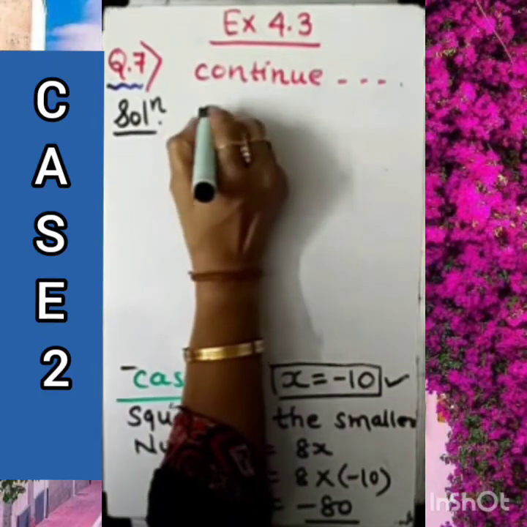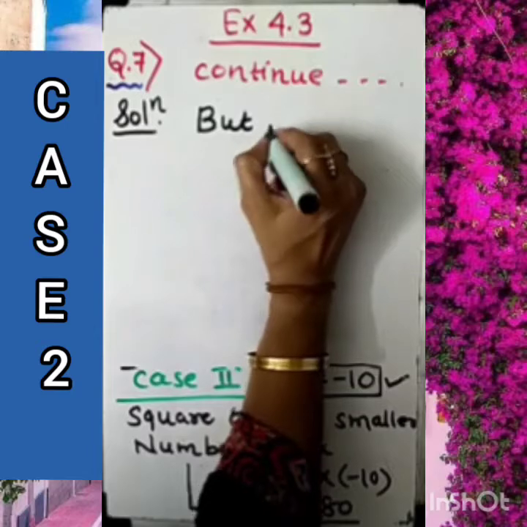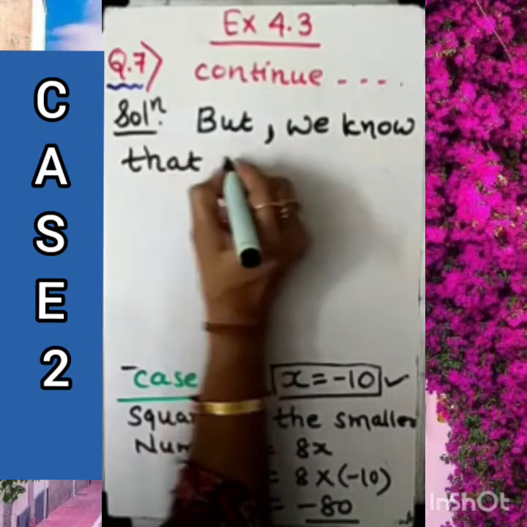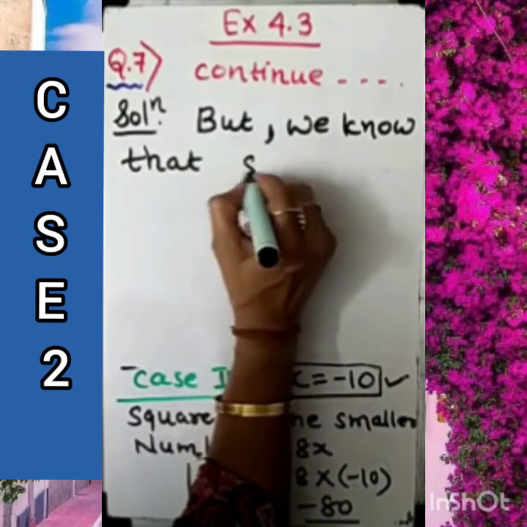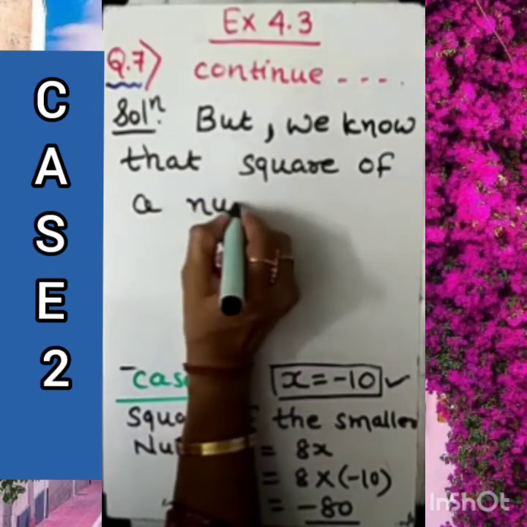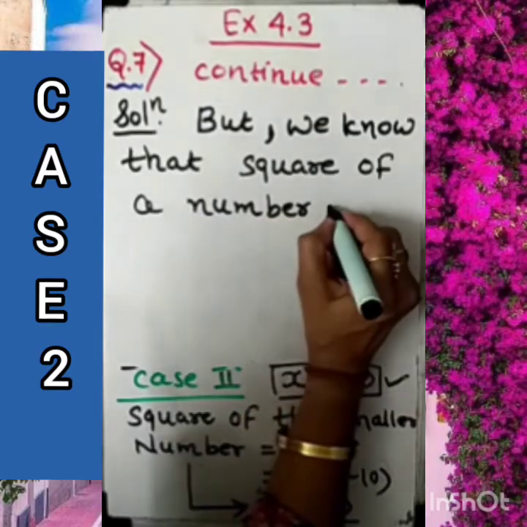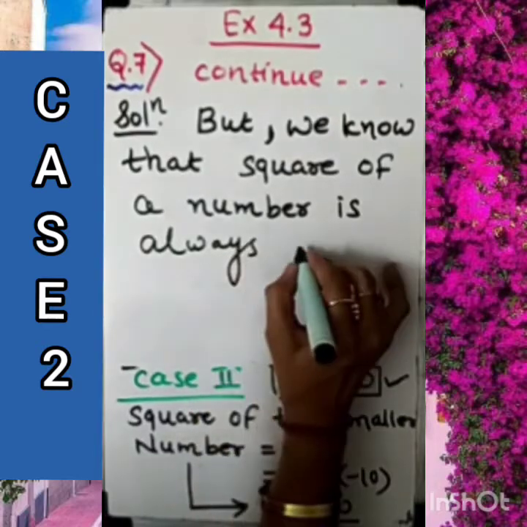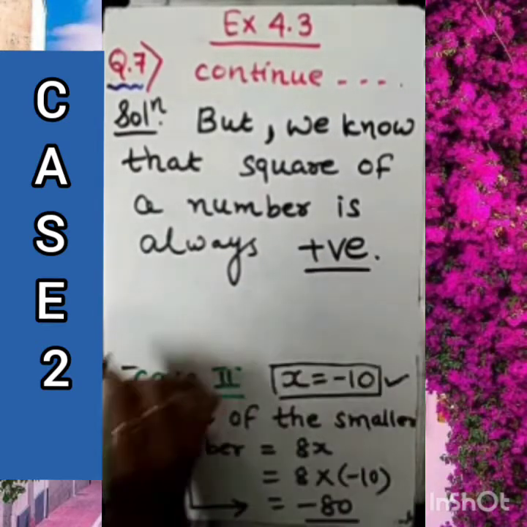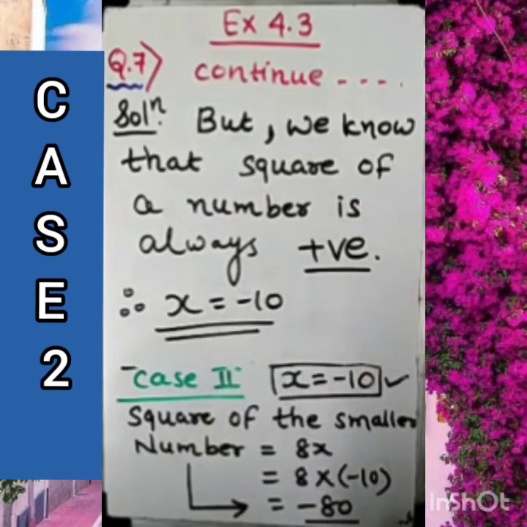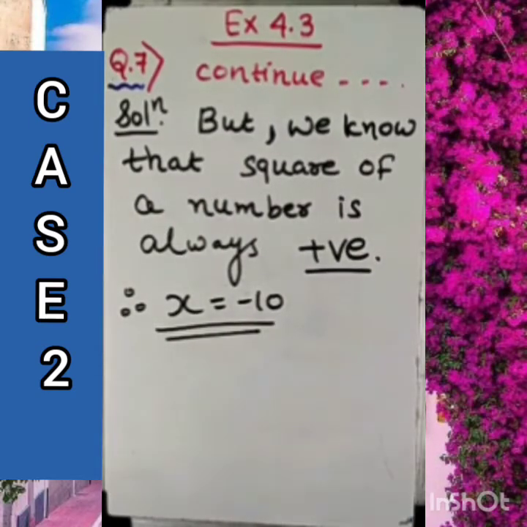But we know that square of a number is always positive. That's why, what should we write? x equal to minus 10 is not possible.